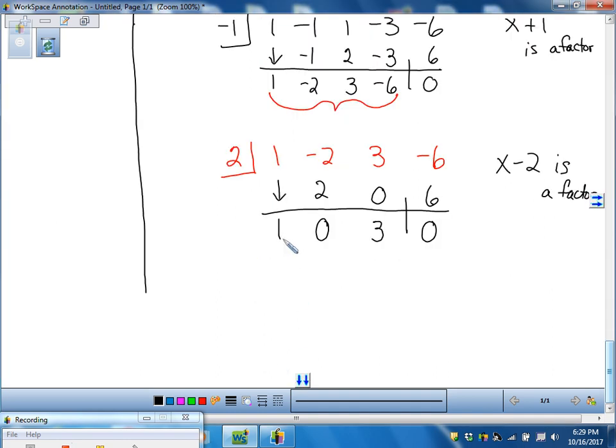Now that I've done this, this is now down to a quadratic, because this term is x squared, this term is 0x, you can put that there if you want to, and this term is 3. Now if you know anything about x squared plus 3, it is not factorable.